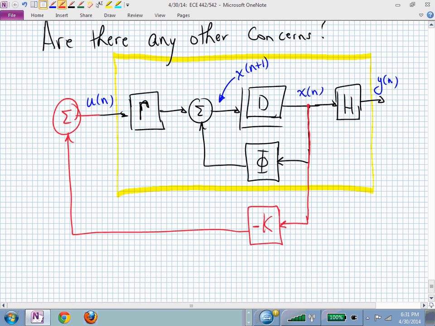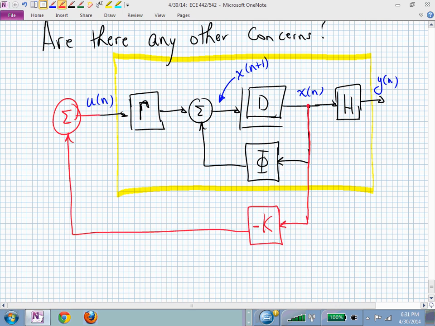But this is what I'm doing with full state feedback, isn't it? I'm simply measuring the full state vector x, scaling it by this matrix k, and using that to create my input u into the system.